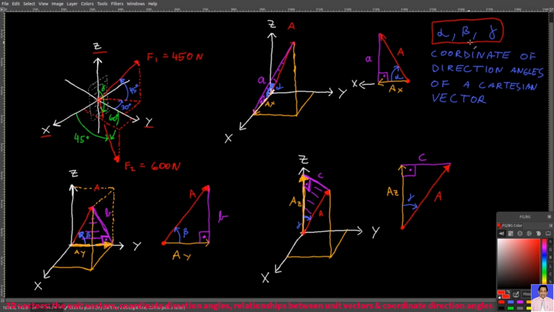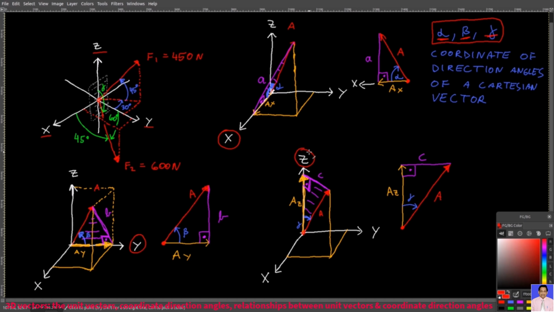However, if you use these angles, then there are a couple of rules that you have to keep in mind. First of all, alpha is always defined from the positive x-axis. Then beta is always defined from the positive y-axis. And gamma is always defined from the positive z-axis.